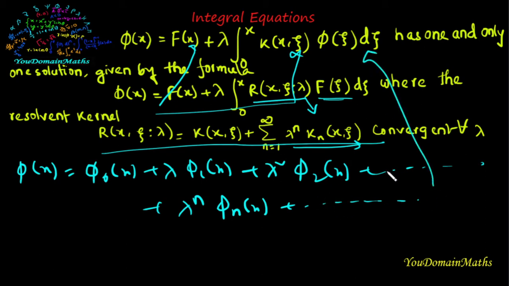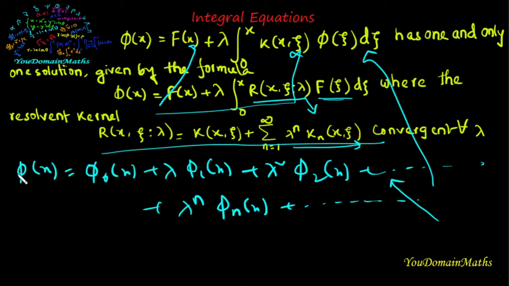That means, in this equation, if we put this solution in the left side and right side and equate the coefficients of lambda, we get some relations, and from these relations we find phi naught, phi 1 of x and phi 2 of x, and putting these values, we then find the real solution. So now we replace the value of phi of x.